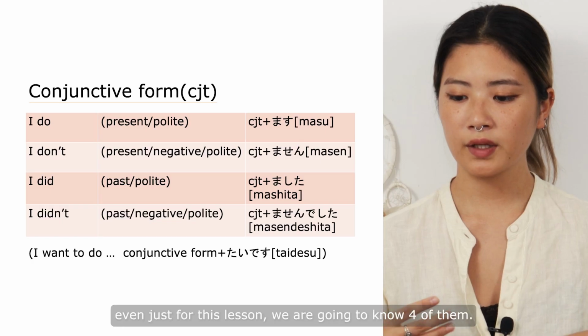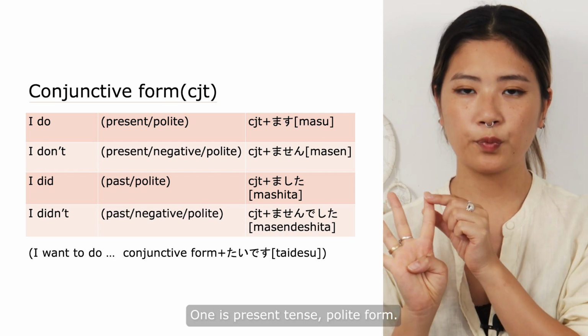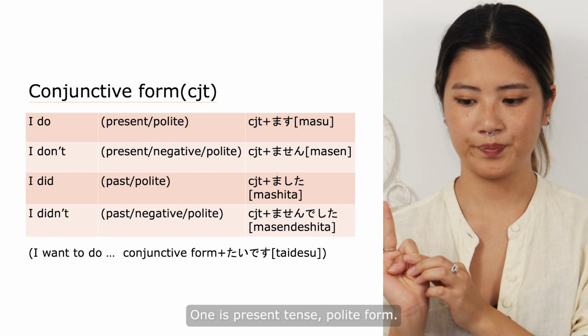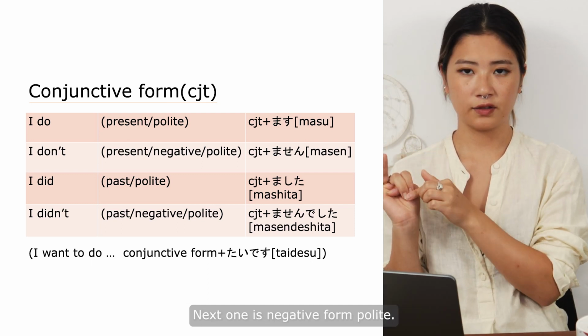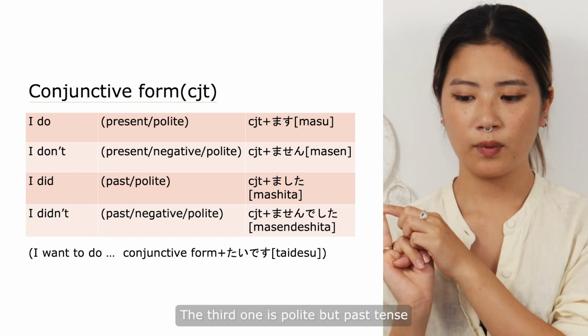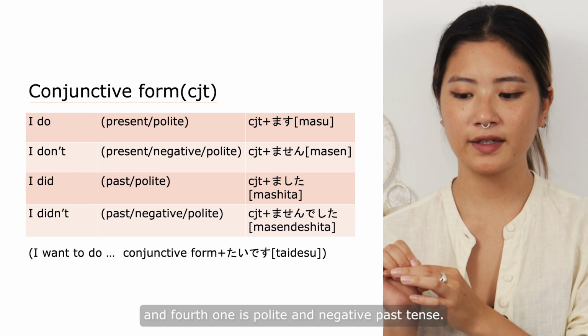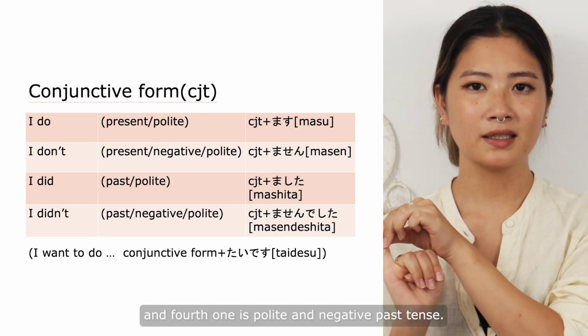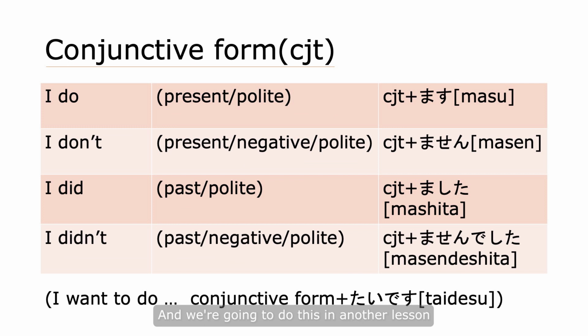Once you remember the conjunctive form, you can make a lot of sentences. Even just for this lesson, we're going to learn four of them, all in polite form. One is present tense. Next is negative form. Third is past tense. And fourth is negative past tense. In another lesson, you'll also be able to say, for example, I want to do something.